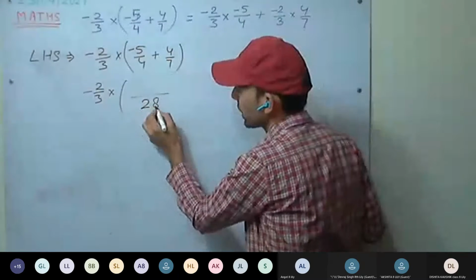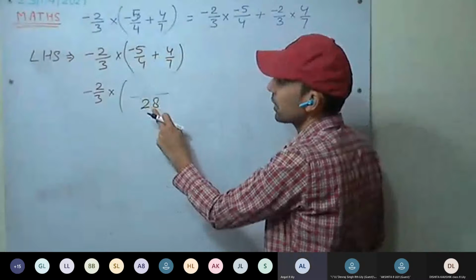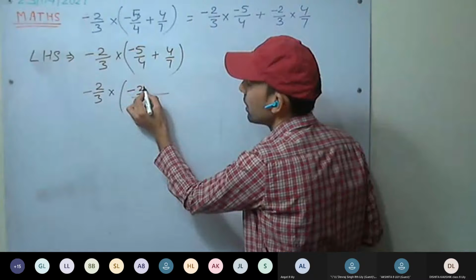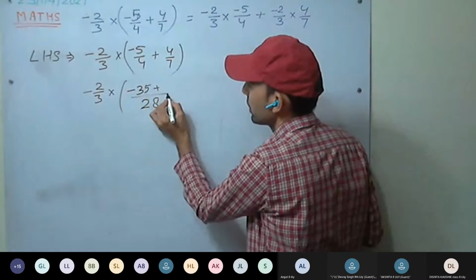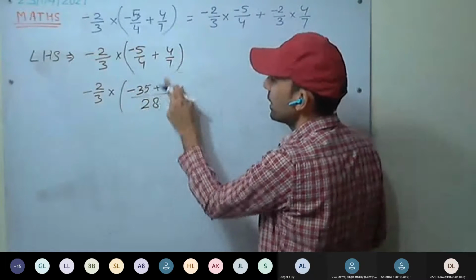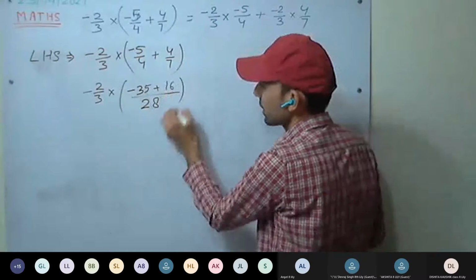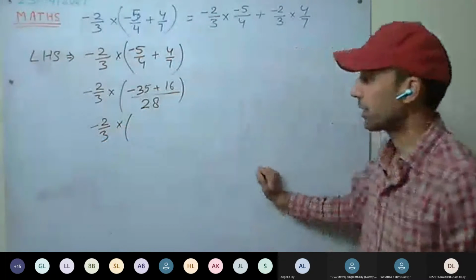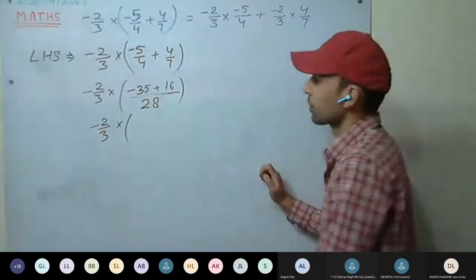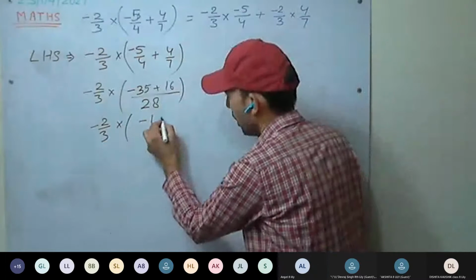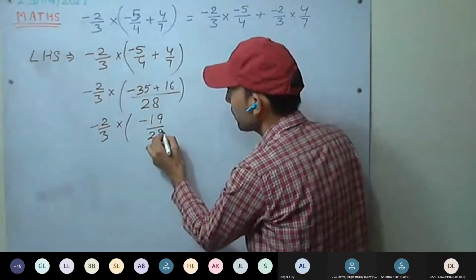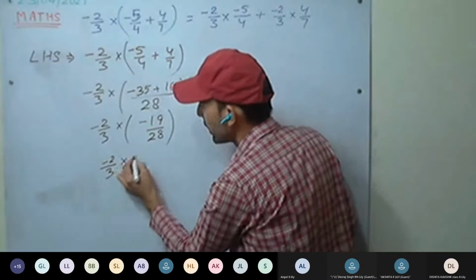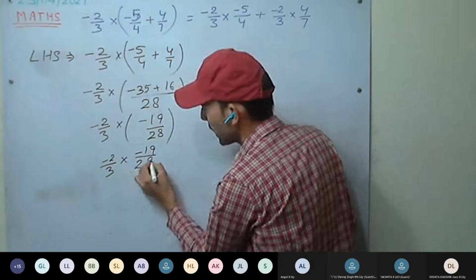Least common multiple we have to take. 7 fours are 28, 5 sevens are 35, so minus 35, and 4 fours are 16. Minus 35 plus 16 is minus 19. Minus 19 upon 28. Or we can write minus 2 upon 3 into minus 19 upon 28.